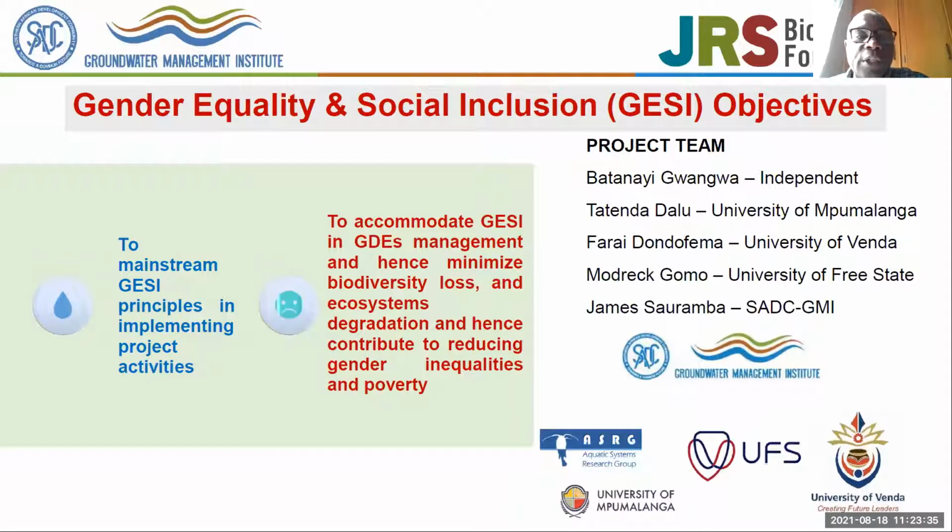So we have a gender equality and social inclusion expert involved, with the key objectives being to mainstream the GESI principles during the process of implementing this project, as well as to accommodate GESI in the subsequent management of the GDEs moving forward. The team is led by Ms. Batanai Gwangwawa. She's an independent consultant, and all the key experts in the other themes are also participating, including SADC-GMI, and those are the logos of the institutions that are involved.